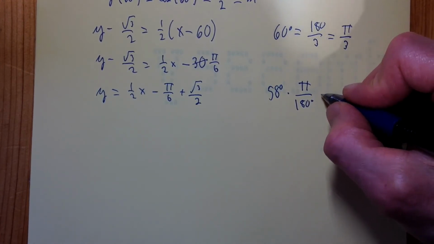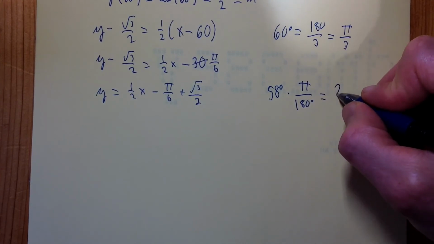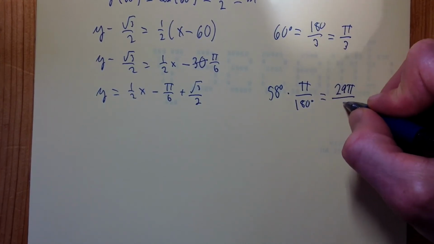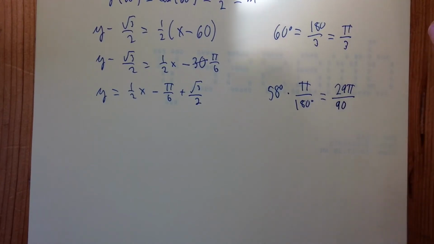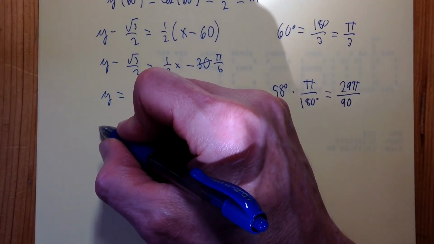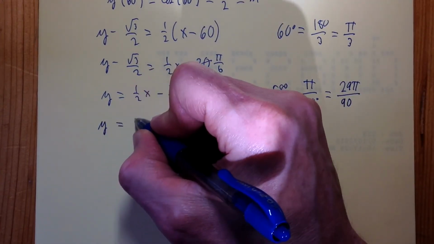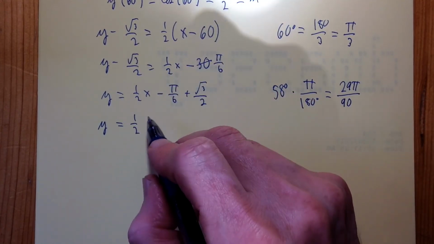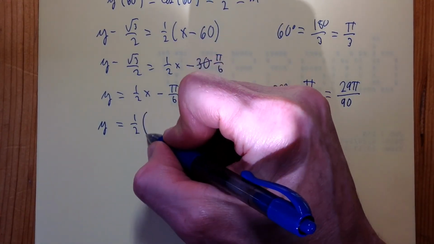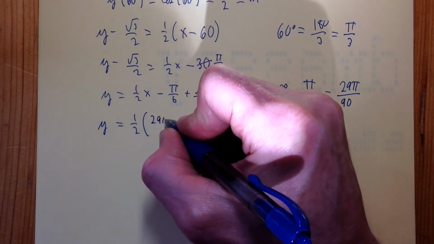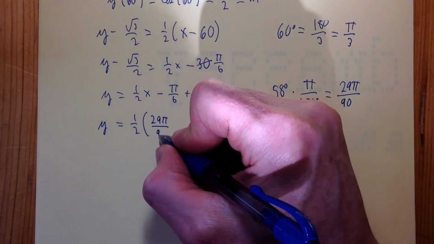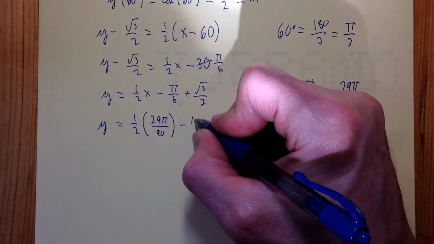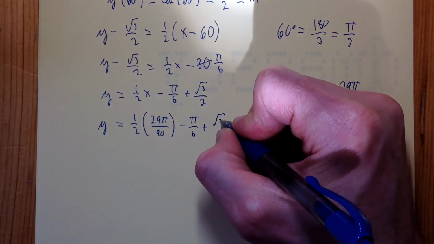And we can divide that by 2, so that's 29 pi divided by 90. Okay, so y then is equal to 1/2 of our x, which is that 29 pi divided by 90, minus pi over 6 plus square root of 3 over 2.